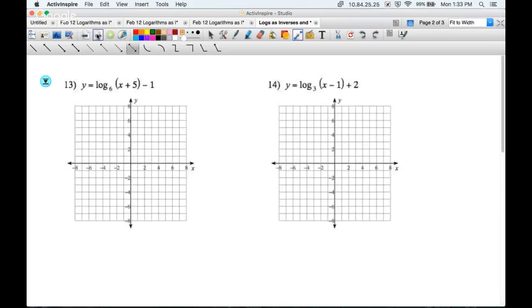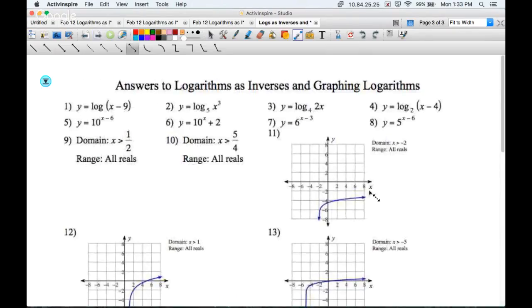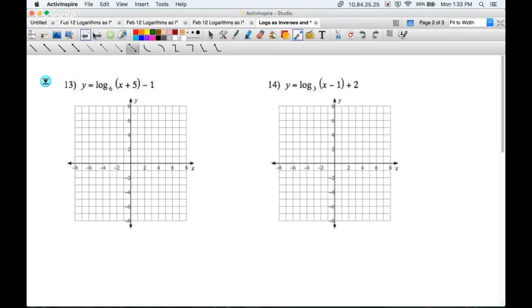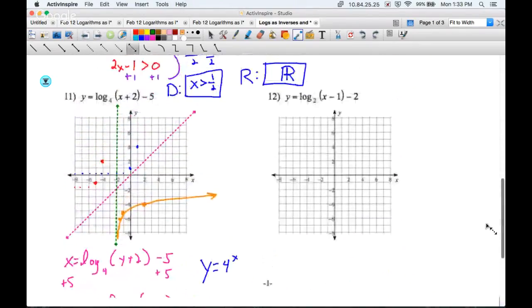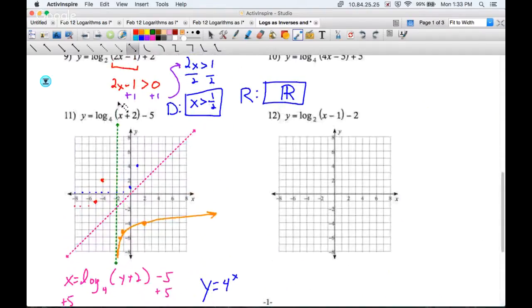Let's see if that looks right. Number 11. Yep, vertical asymptote at x equals -2, going up and to the right. Obviously, you can use your calculator to help you graph these, but it's a pretty good exercise to practice going through the inverse, doing manipulations on a parent function, and then inverting those over this 45-degree angle line to get our final graph.